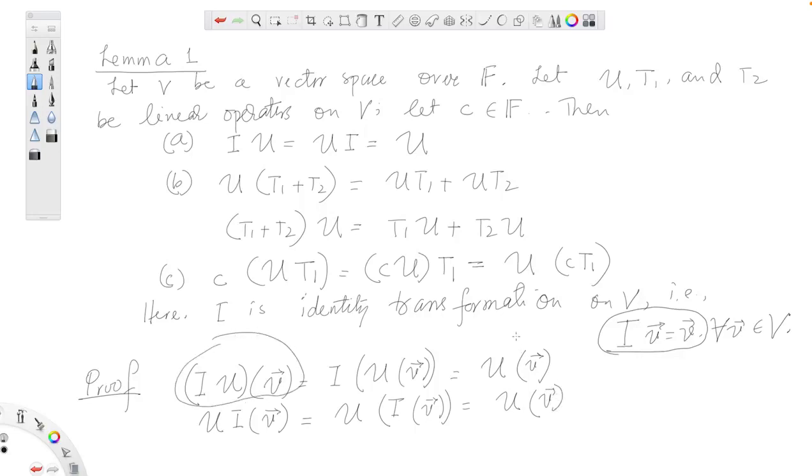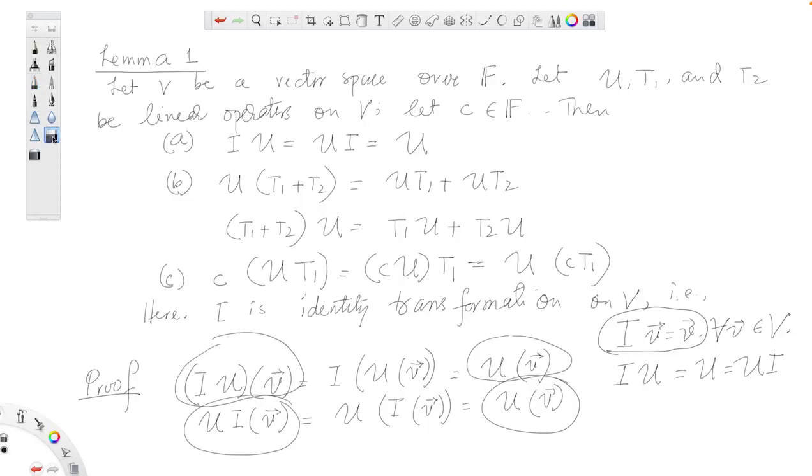So this is equal to this and this is equal to this, and they hold for any vector v in the vector space V, so we have I U equal to U equal to U I. So part A is proved this way.